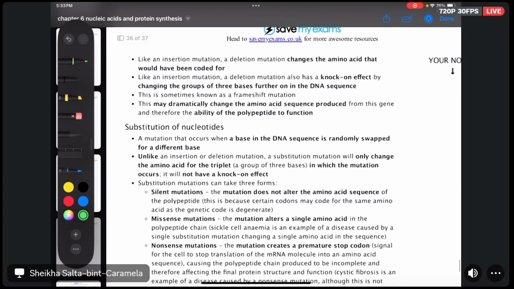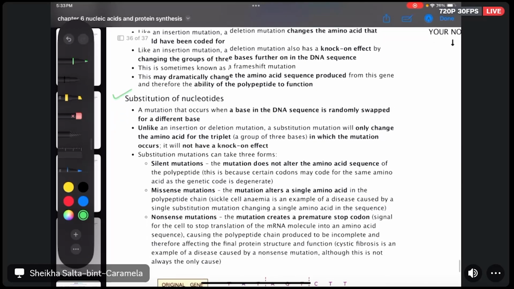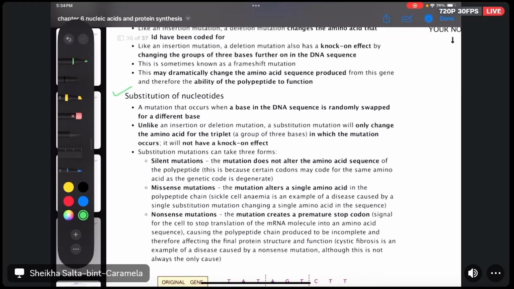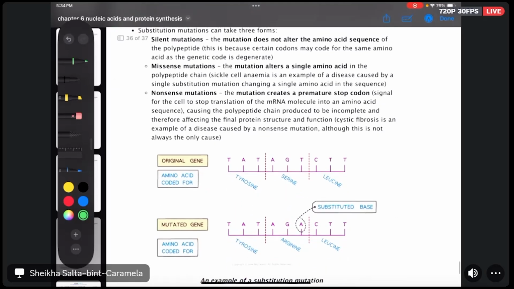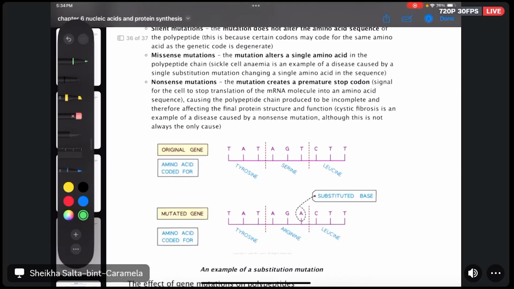Then there's another one which is called substitution of nucleotides. This is when a base in the DNA sequence is randomly swapped for a different base. But unlike an insertion or deletion, a substitution mutation will only change the amino acid for that triplet. If we look over here, the base T is substituted for base A. So this will only affect the amino acid serine, which is replaced by arginine.